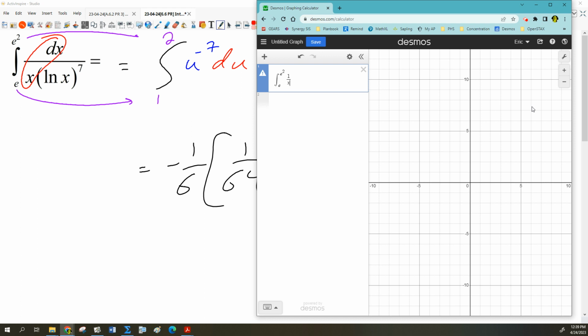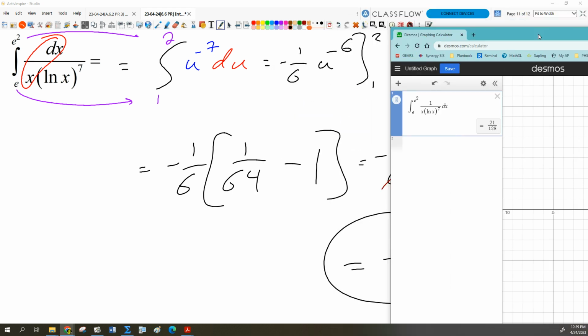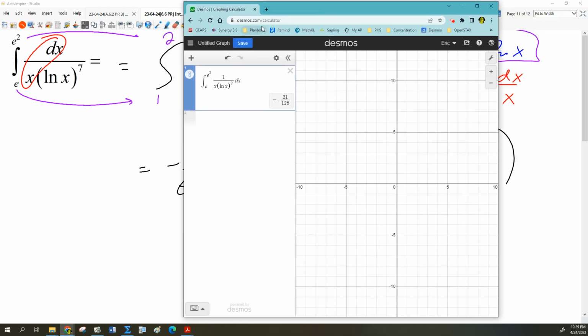You have to put the dx at the end, I think, probably in Desmos. Oh, whoops. Yeah, see, it's got to be out there. And is that what we got? Yeah, 21/128. Okay. Good?